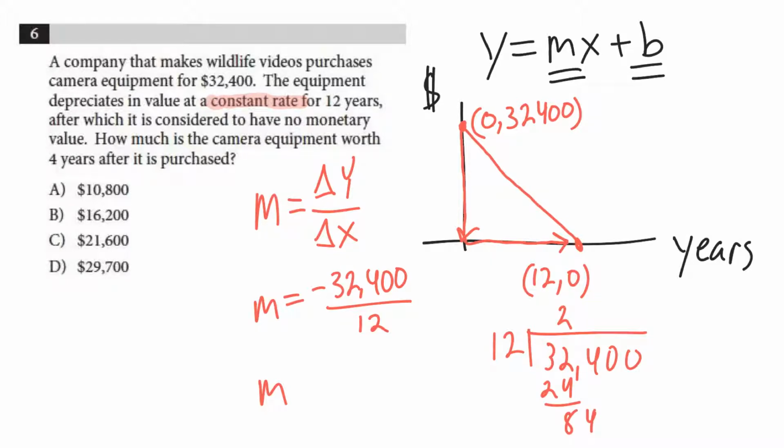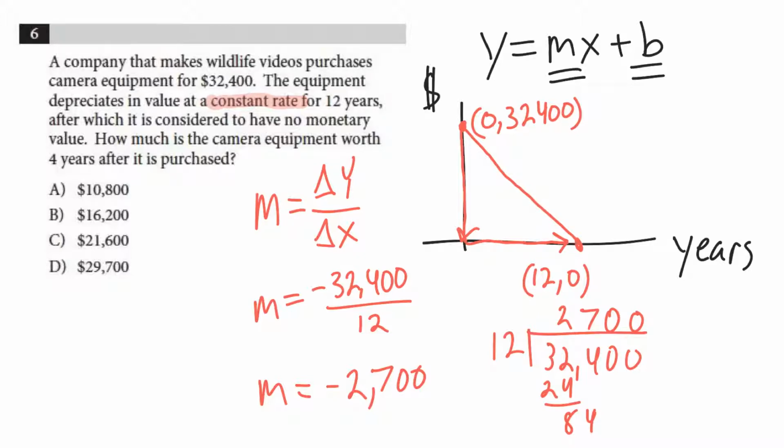Drop the 4. 12 goes into 84 seven times. 7 times 12 is 84. And then it goes in evenly. So there we go. So the rate of change is negative 2,700. Okay, so every year the value depreciates by $2,700. Okay.